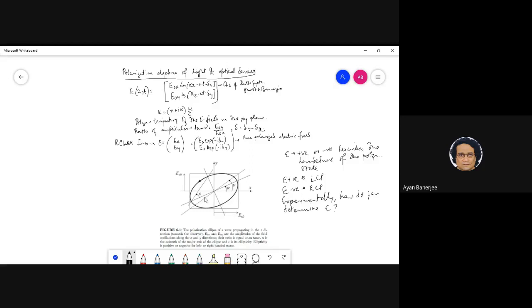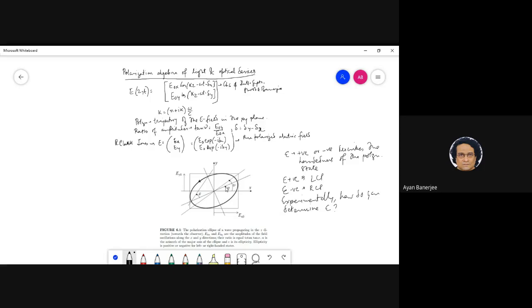Because now just think of this ellipse as rotated, right? So the vector will become a linearly polarized vector. With respect to the x-axis, this whole epsilon gets rotated, so it will now have an angle of alpha plus epsilon.